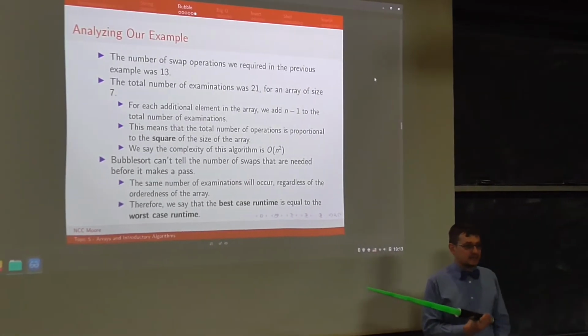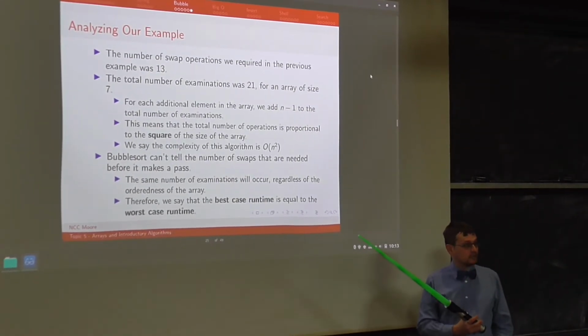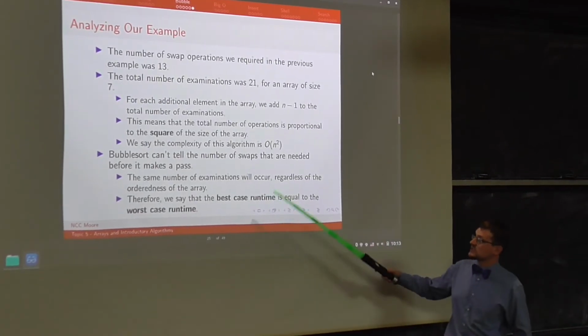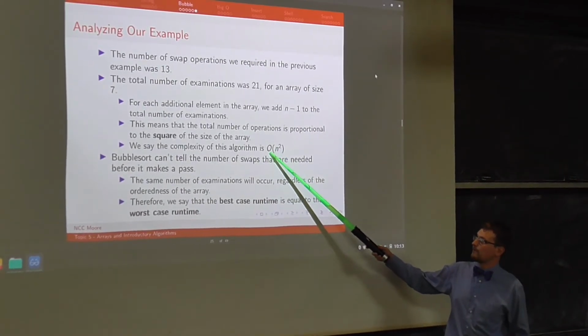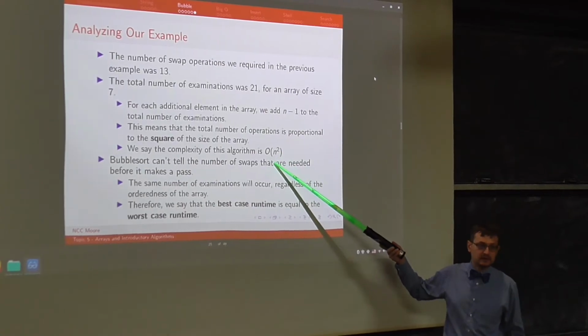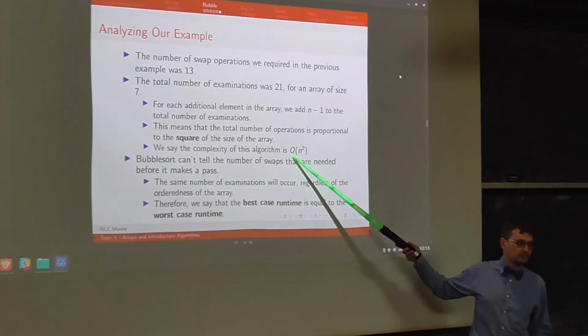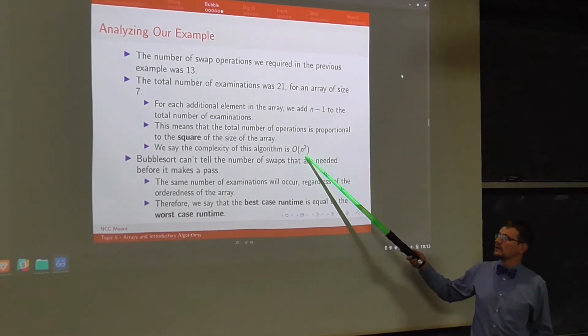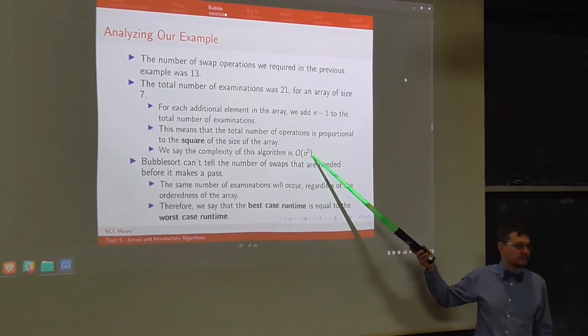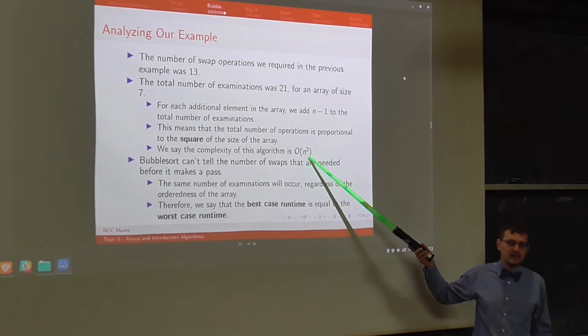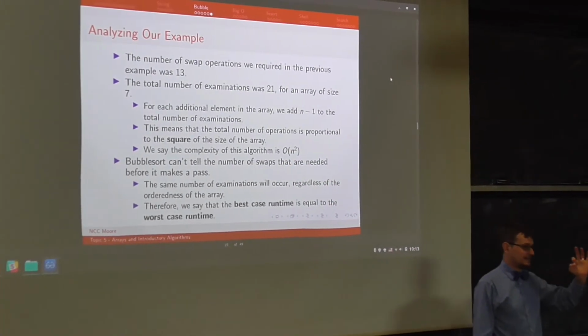The way that we say this, when we're talking more rigorously about algorithms, is we say that this algorithm is big O n squared, or the order of growth of this algorithm is proportional to the square of n, right? We're interested in proportionality.